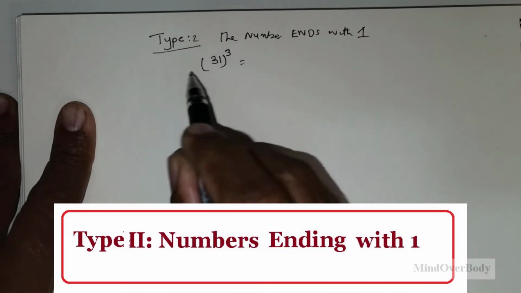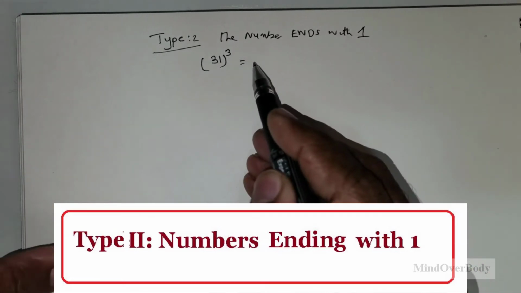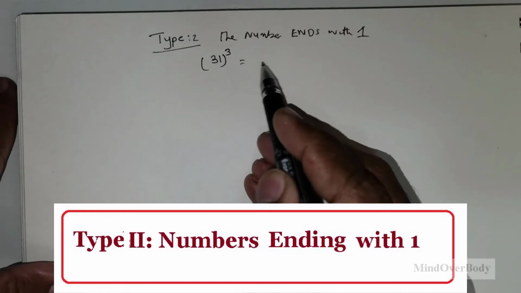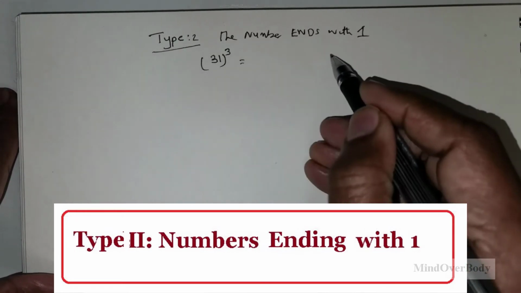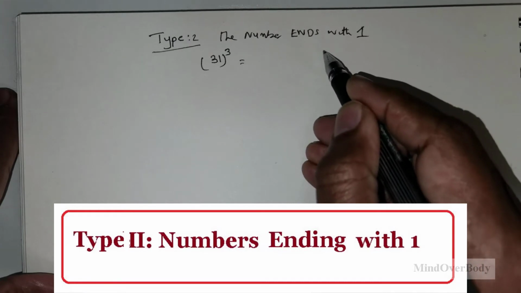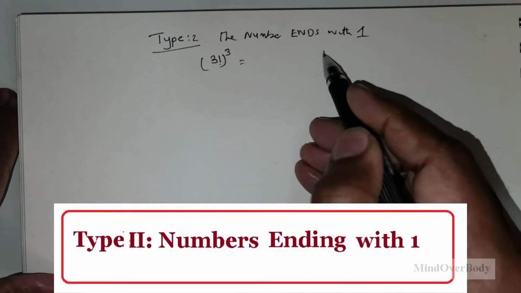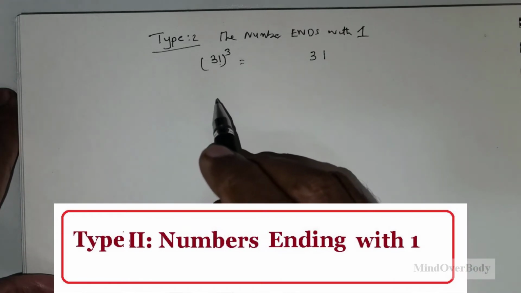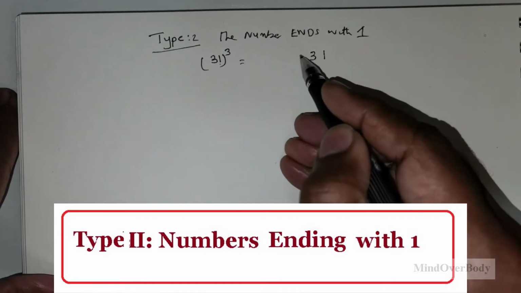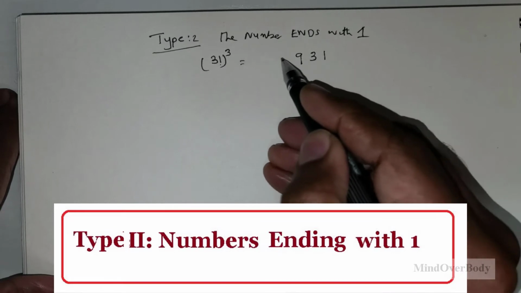Now in type 1, we started from the left side writing down the number. But in type 2, we will start from the right side writing down the number. So you write down the number 1 first and 3 second. Next you square this number, 9, and cube this number, 3.